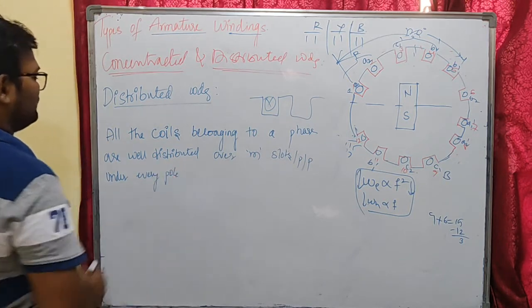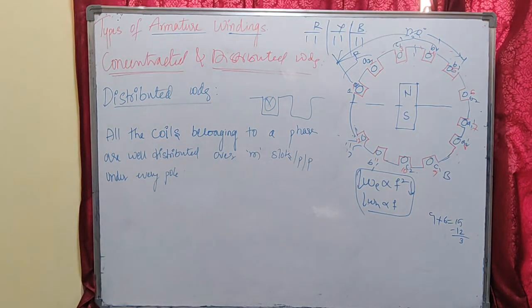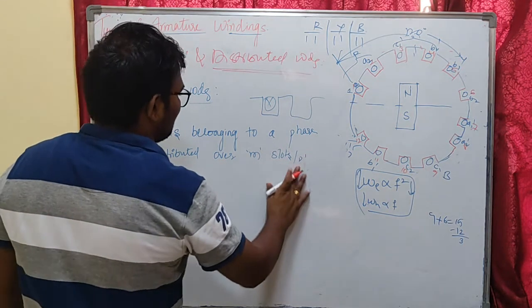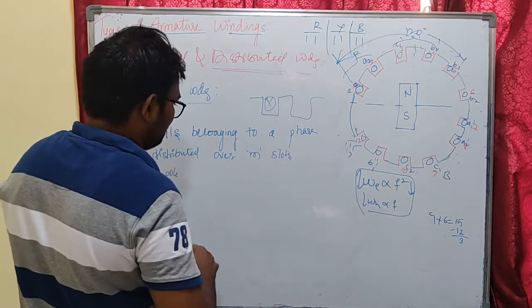So this is the definition. All the coils belonging to a phase are well distributed over the m slots per phase under every pole. This is distributed winding.